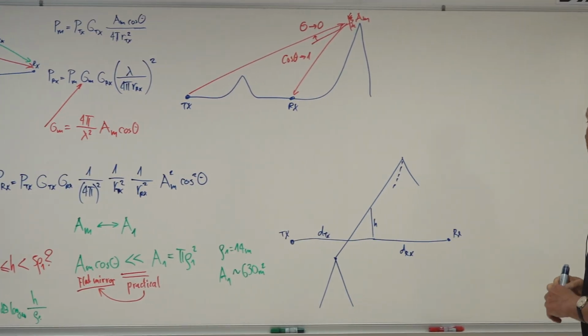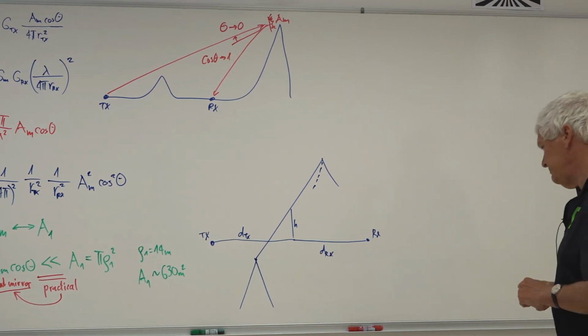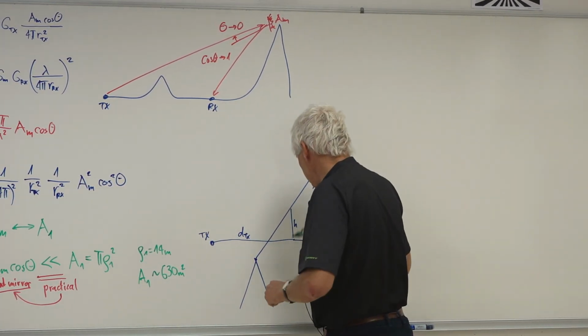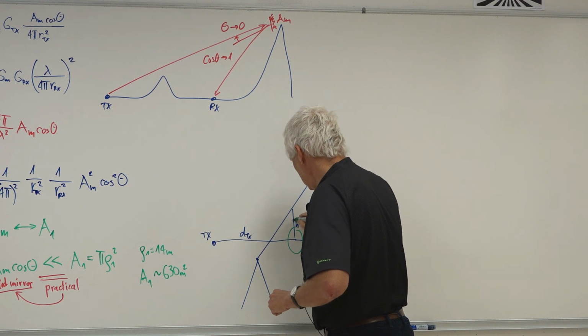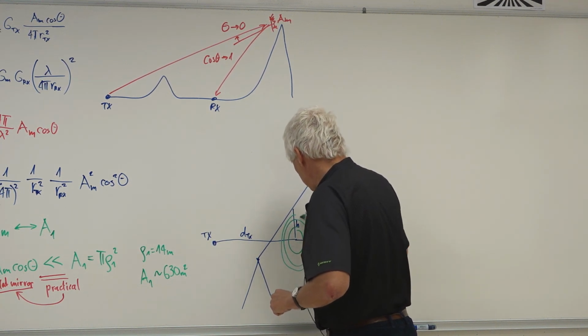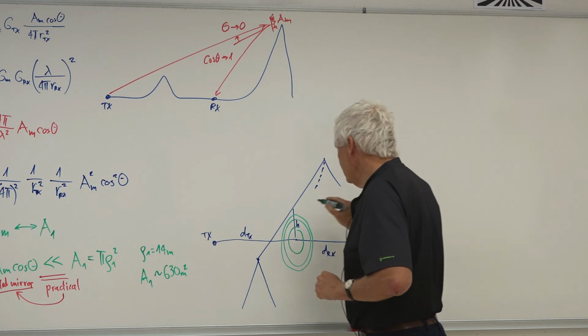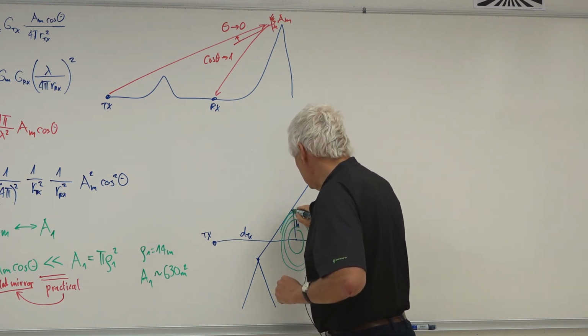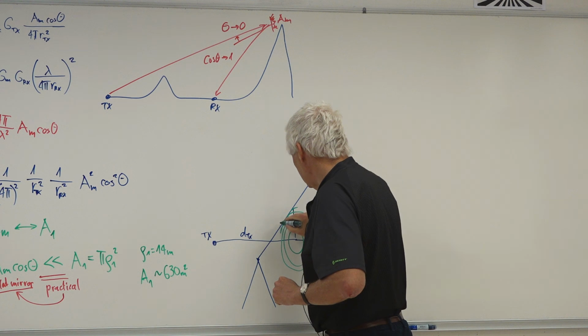But we could also do something else here. We could draw the Fresnel zones here. Now this Fresnel zone is on the mountain, but at a certain distance we get with this Fresnel zone on my mountain top, and we also get over the mountain.